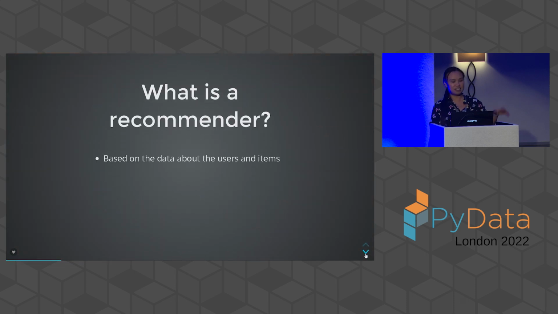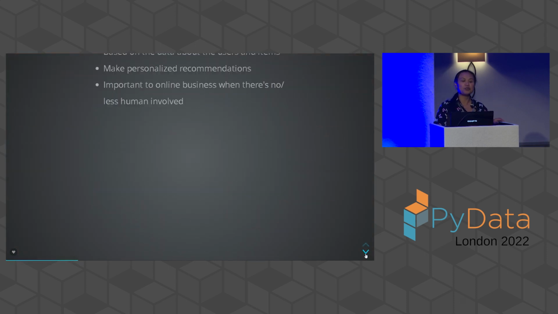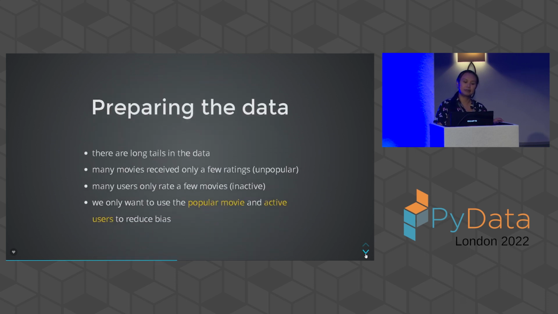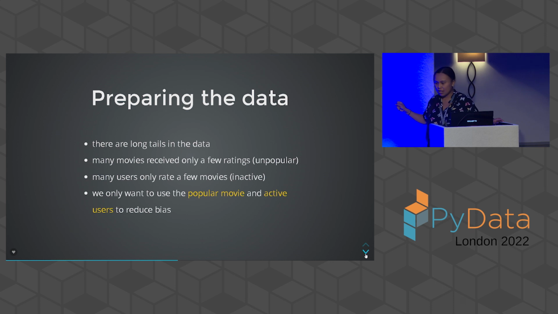So I hope we are already in the process of downloading. Let's have a look at what we're going to do today while the data is downloading. First of all, we have to prepare the data. Again, the problem is that there will be a long tail. If you plot a user on one axis and the rating on the other axis, you will see that there's actually a lot of users that haven't rated a lot of movies.